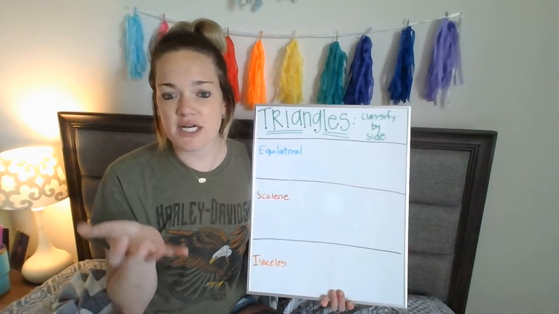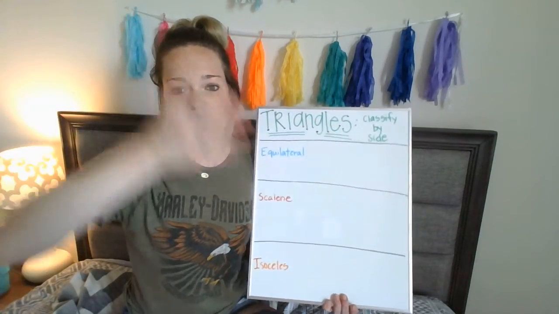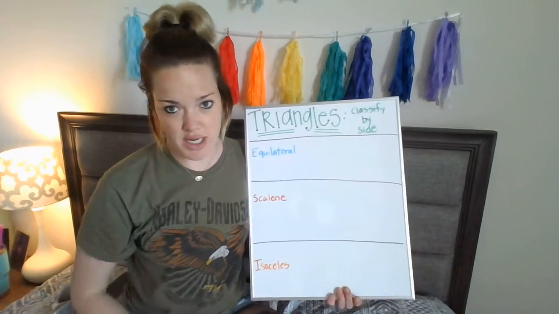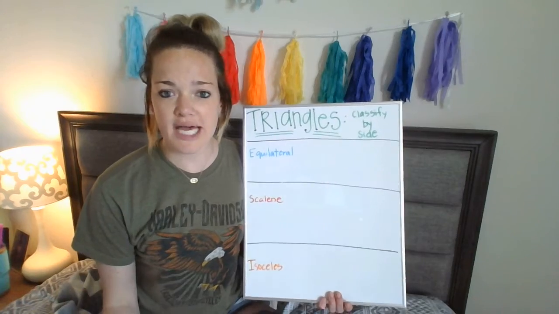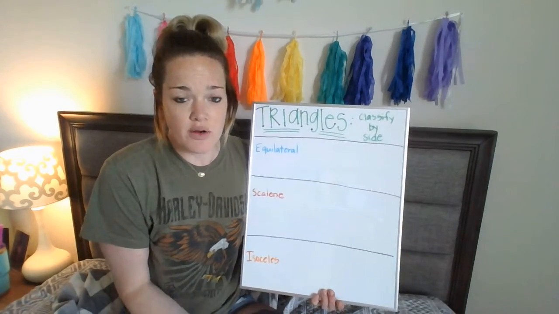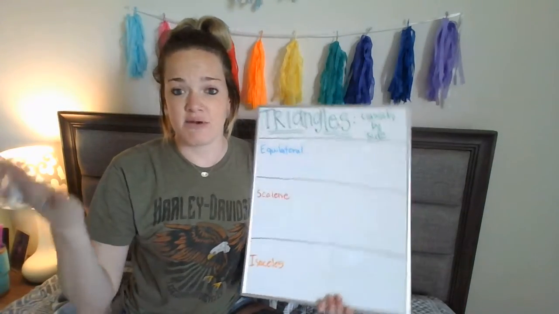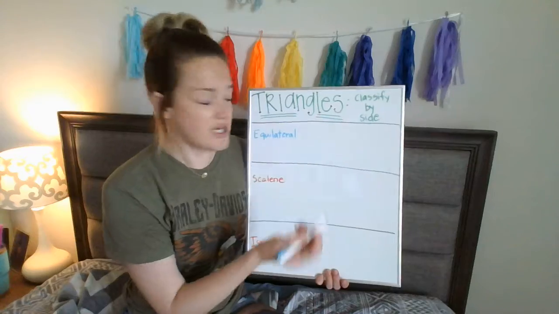However, there is a word in that word that might help you remember the things that make a triangle an equilateral triangle. So one of the words that I hear when I say the word equilateral is I hear the word equal. All right, and we know that equal means that something is the same. They are the same amount, the same size. Same thing with this word here.